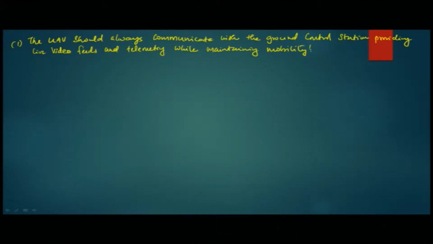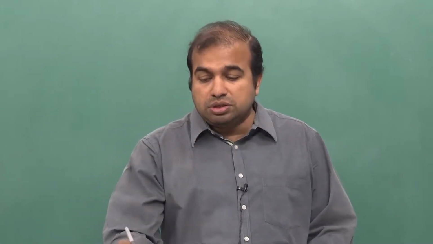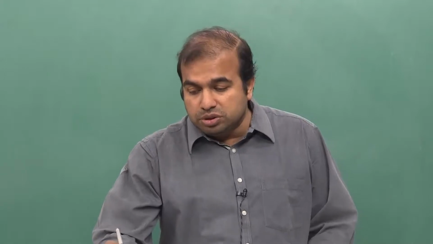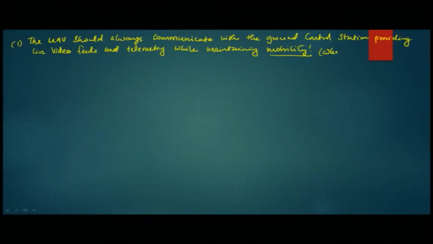This sounds like a tricky statement, because you are saying that the UAV should always communicate with the ground control station, providing live video feeds and telemetry while maintaining mobility. Well, the UAV is mobile, so whose mobility are we talking about? The first question that we ended up asking is, whose mobility? Then the user clarified, is it UAV's mobility?